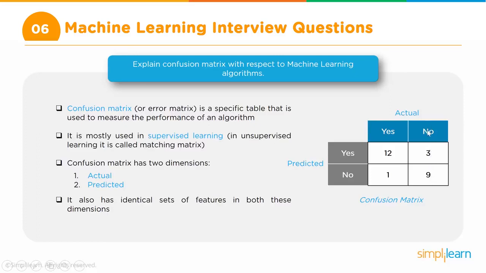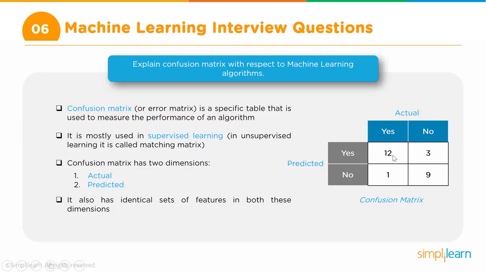Similarly, for the predicted values, yeses are 12 plus 3, 15, and no's are 1 plus 9, 10. Okay, so this is the way to look at this confusion matrix.